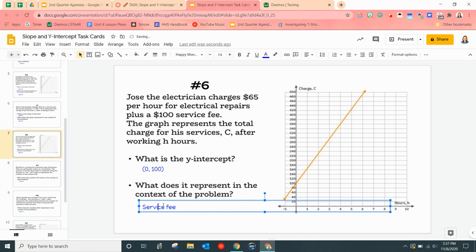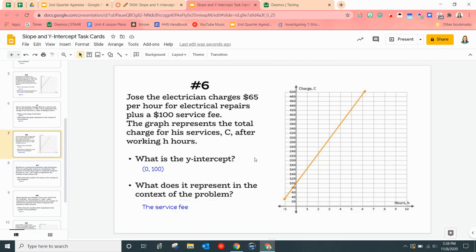A lot of times, your y-intercept is going to represent that starting cost. Think about the Desmos activity that we did on Friday, where we were talking about t-shirt orders. There was a design fee, and that was our y-intercept. So this was a good problem to think about that.